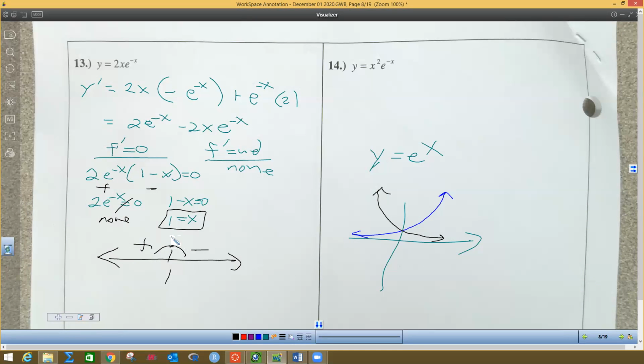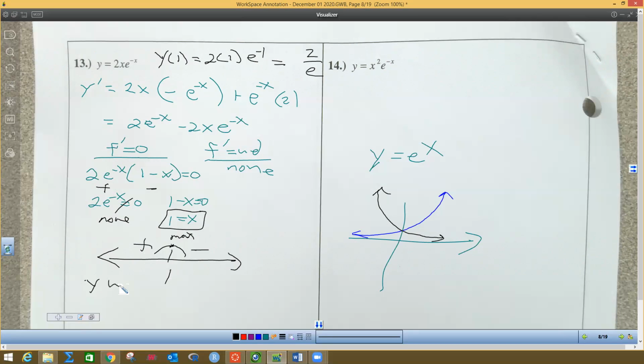So this is a max. Again, I'm getting increasing from the positive and decreasing from the negative. So I know 1 is a max. Now I need to find that value. So I need to find y of 1, which is 2 times 1 times e to the negative 1, which ends up being 2 over e. There's my max. If you leave it as 2e to the negative 1, that's fine.